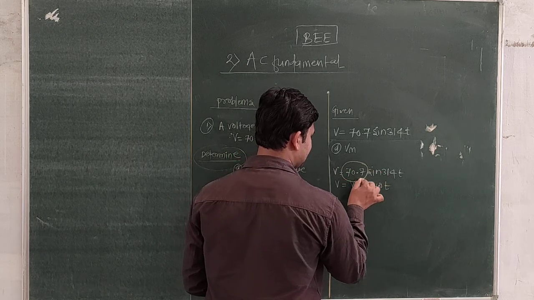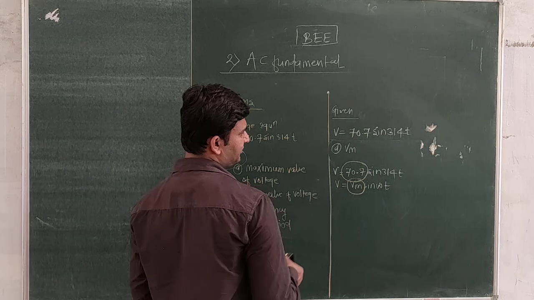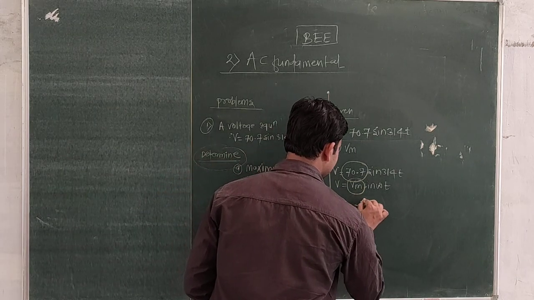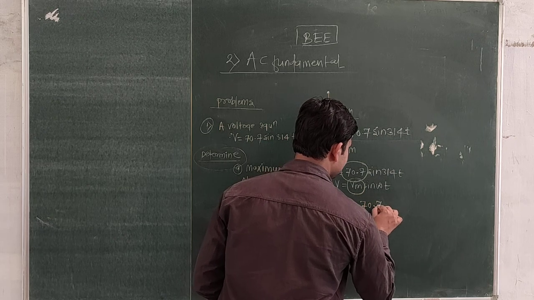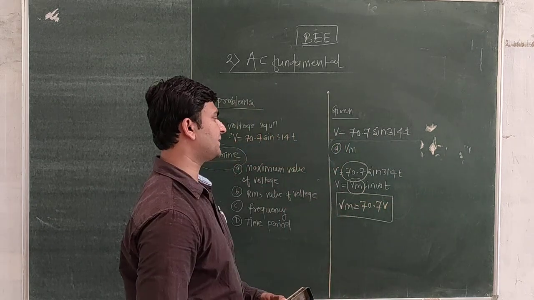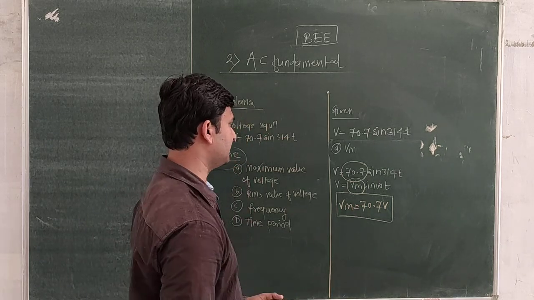Directly, by comparing, we get Vm is equal to 70.7 volt. This is the value of the maximum voltage.